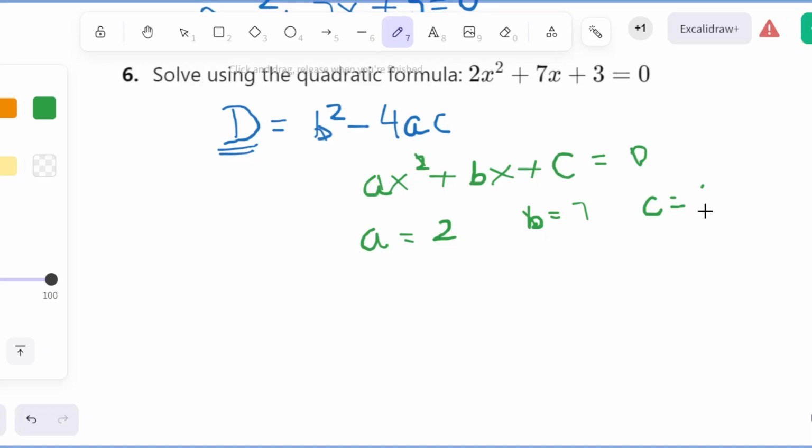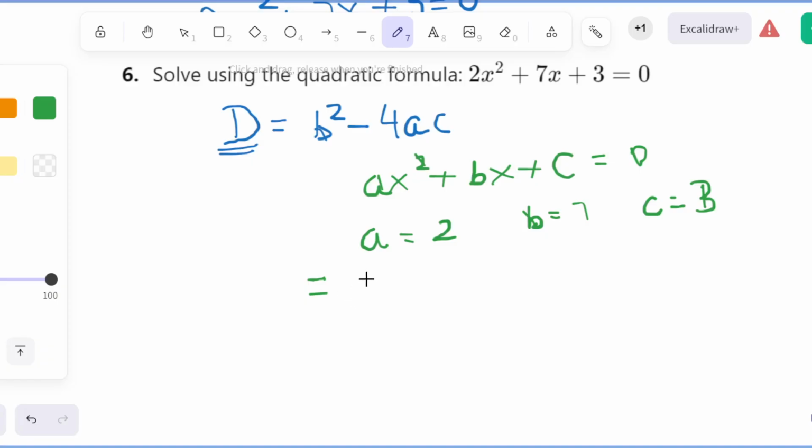Now you can always find the discriminant before you put the values into the quadratic formula. Find out D first. It will be helpful, since anyhow you have to calculate it later.